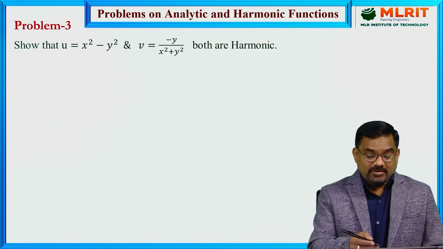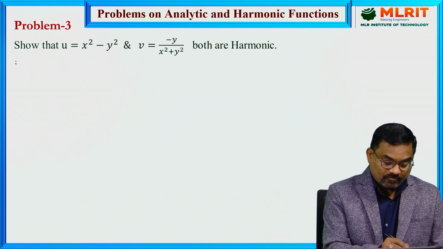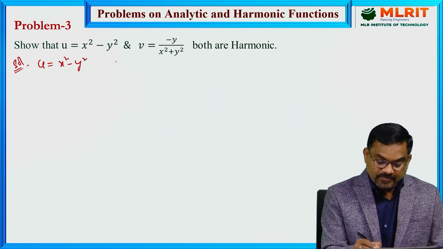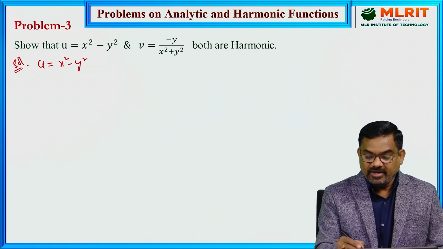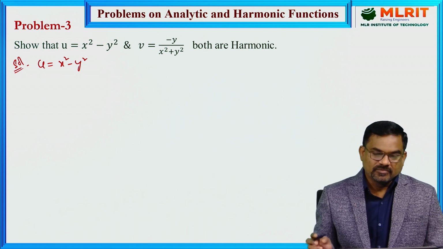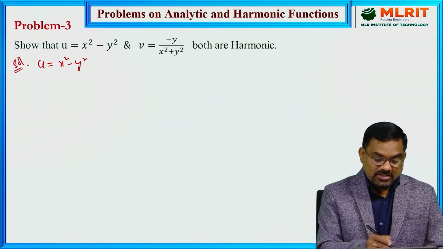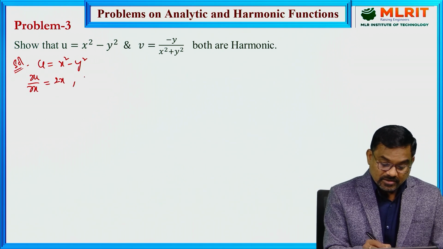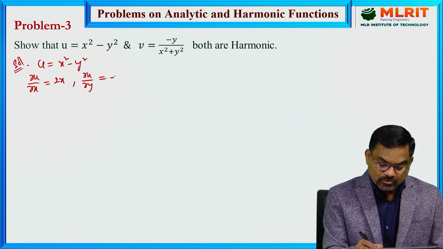Similarly, one more problem here. u equal to x square minus y square and v equal to minus y by x square plus y square. Show that both are harmonic. So the same procedure we follow. Let us find dou u by dou x, 2x, dou u by dou y, minus 2y.